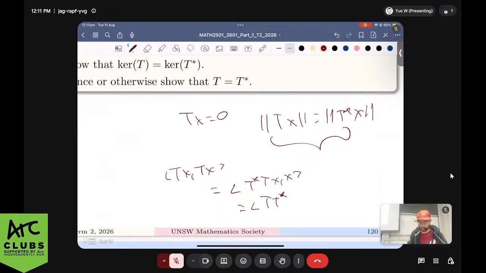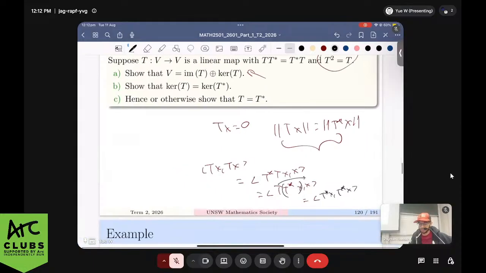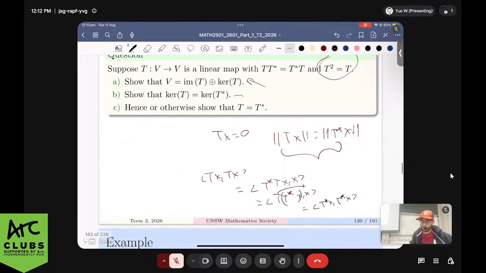Then you move the T to the other side by taking the adjoint. So this proves that the norm of Tx squared equals the norm of T star x squared. So Tx is 0 if and only if T star x is 0. So that shows this.